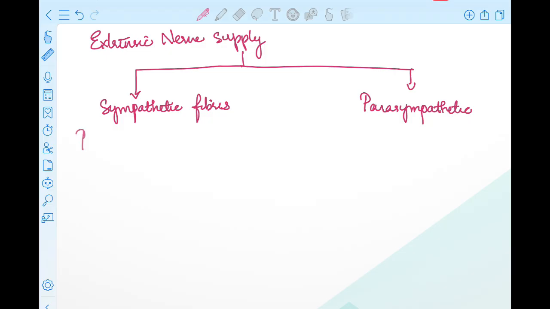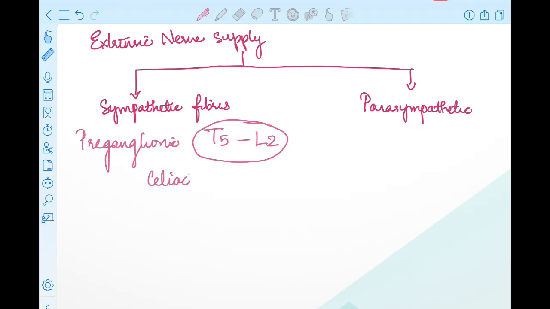The preganglionic fibers arise from the lateral horns of T5, the thoracic fifth vertebra, to L2, lumbar 2, of the spinal cord, and they pass through the sympathetic chain without synapsing, and they terminate in the celiac and the mesenteric ganglia. Since this might go beyond first year BDS students, just understand that the preganglionic fibers arise from the lateral horn of T5 to L2, and then terminate in the celiac and mesenteric ganglia.